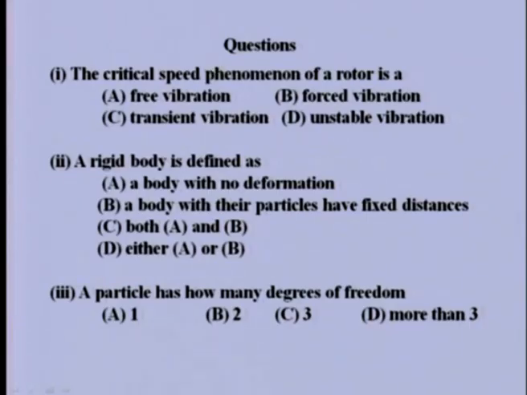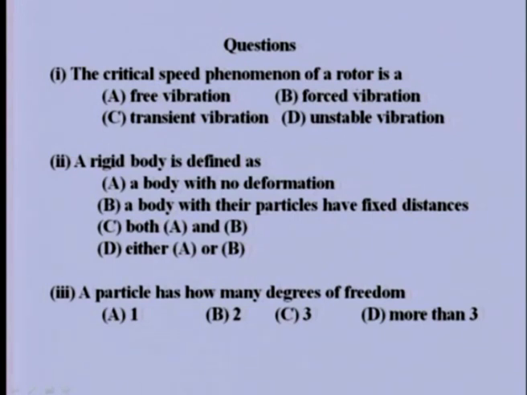This phenomenon is governed by the unbalanced force, and this critical speed concept, which is a resonance phenomenon, is a forced vibration phenomenon. This is not a free vibration, nor a transient vibration or unstable vibration. This is basically a forced vibration phenomenon.